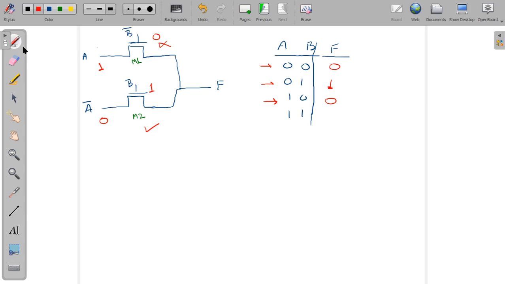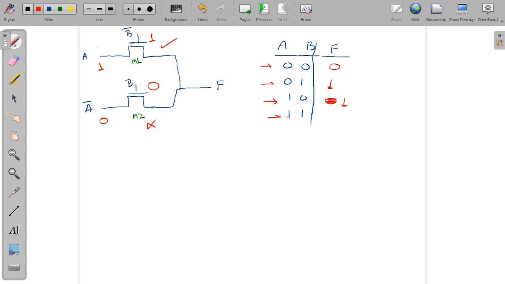Let me do it again. A is 1, A bar is 0, B is 0, and B bar becomes 1. So actually this M1 is available, M2 will be off. So M1 is on, so A will pass to F and the value of A is 1, so in this case F is actually 1.